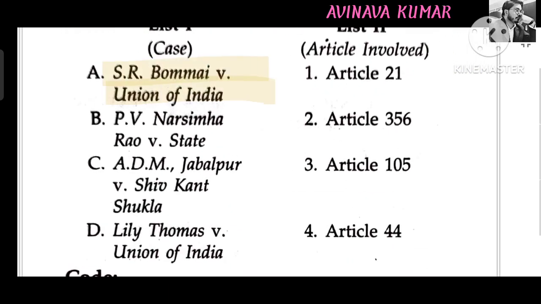S.R. Bommai versus Union of India: Article 356. P.V. Narasimha Rao versus State: Article 105. ADM Jabalpur versus Shivkant Shukla: Article 21. Lily Thomas versus Union of India: Article 44.